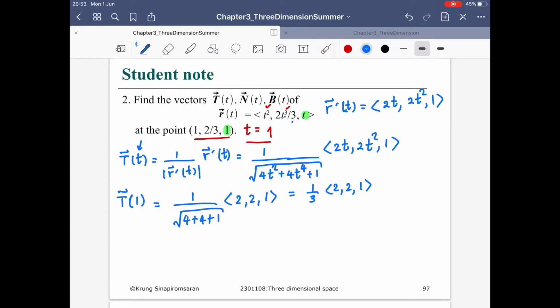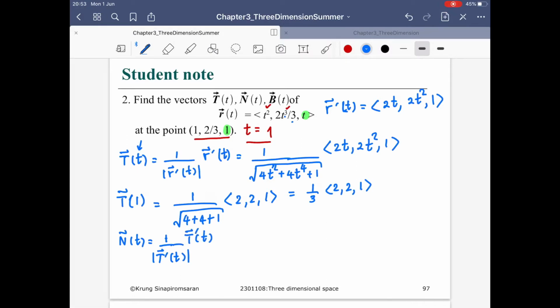All right, how about your N? For your N, you need to find 1 over the length of capital T prime multiplied by your T prime.